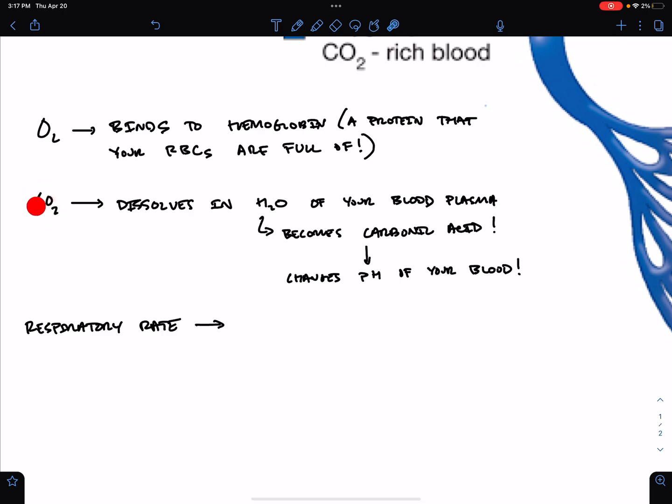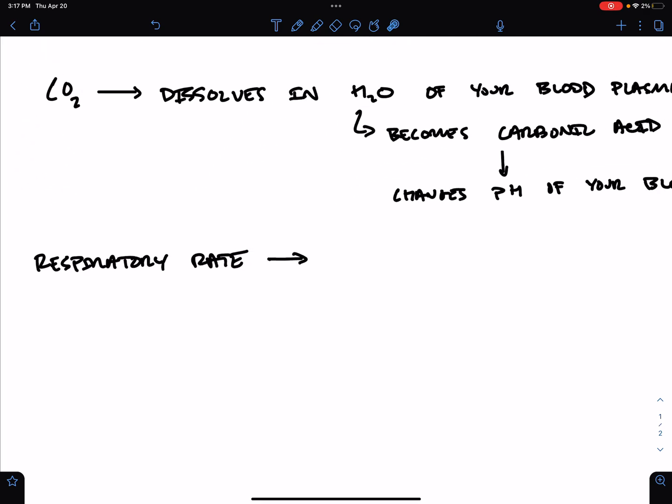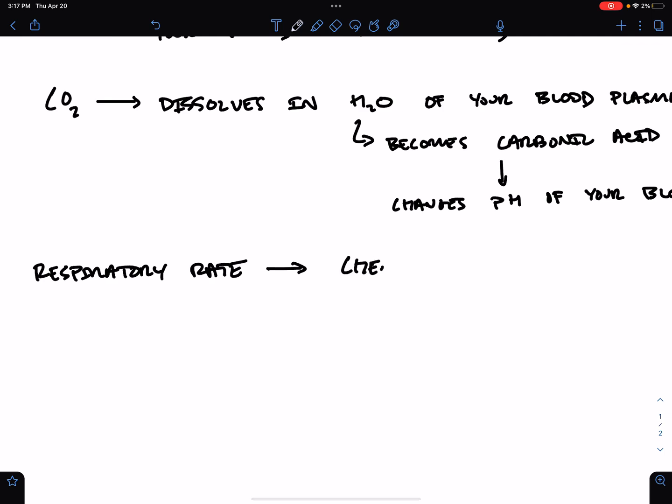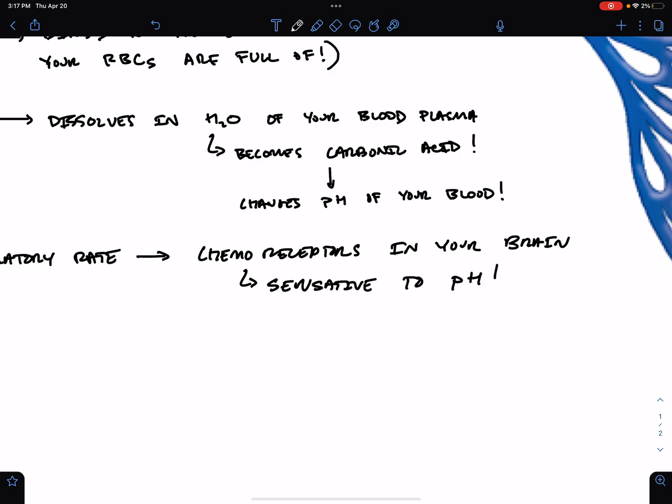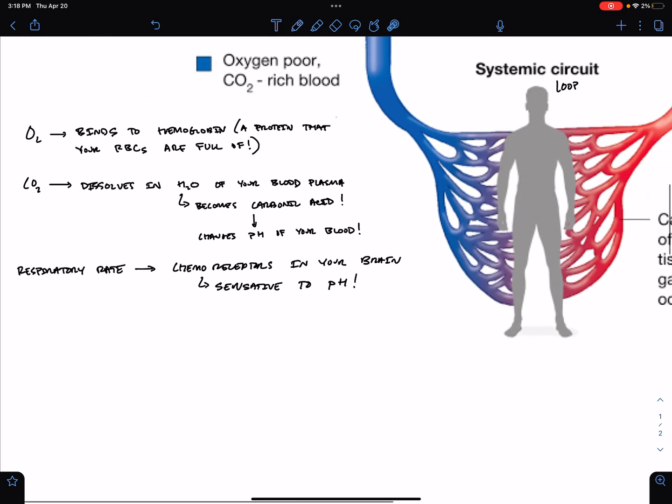The short-term control of your respiratory rate, or how strong your impulse to breathe is, is the result of the CO2 concentration of your blood. That's because your respiratory rate is controlled by chemoreceptors in your brain, and these chemoreceptors are sensitive to the pH of your blood.